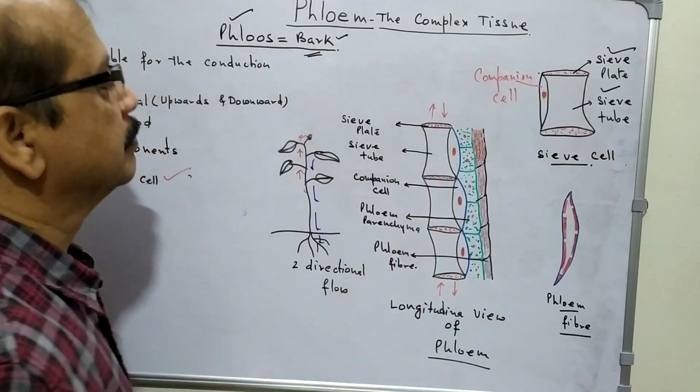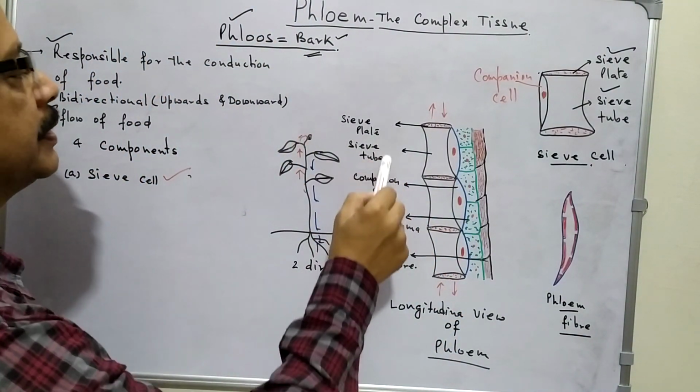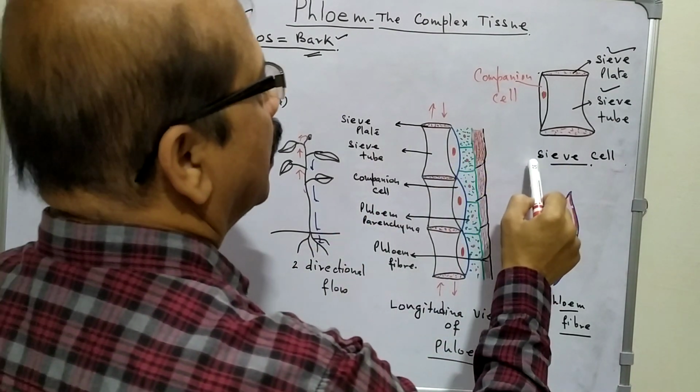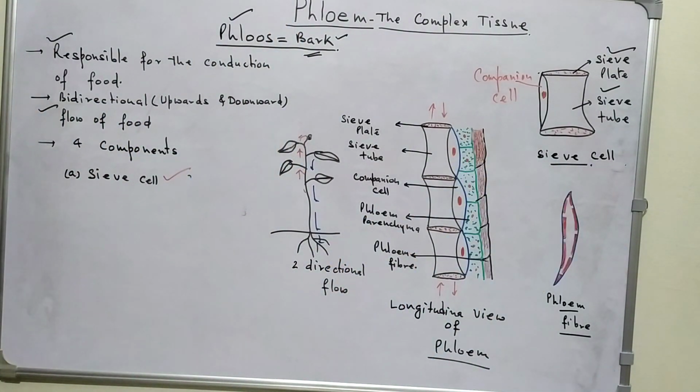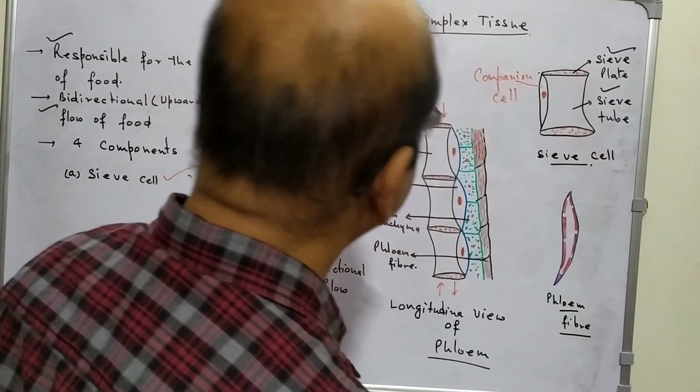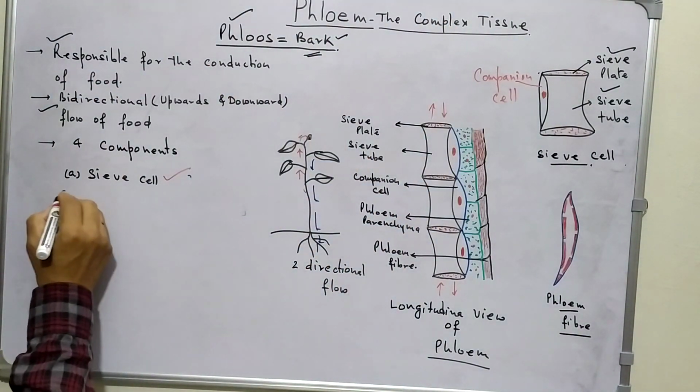Now, after sieve plate and sieve tube, that is sieve cell, we are going to cover the next one, and that is companion cell.